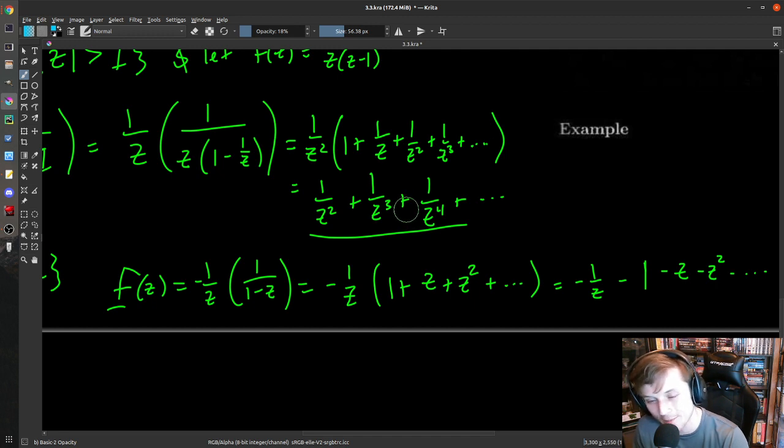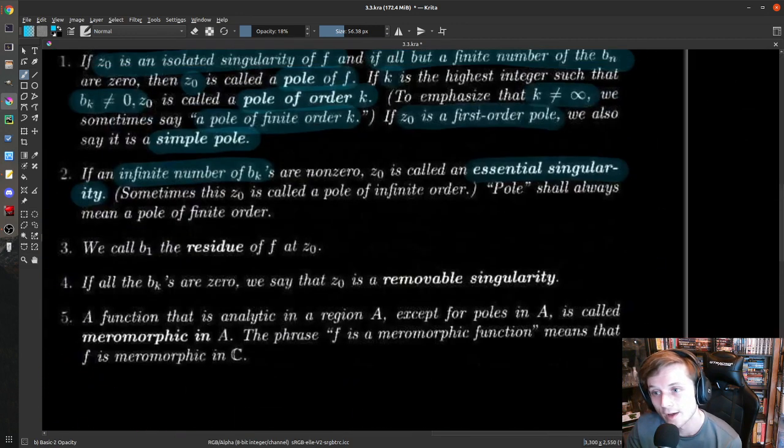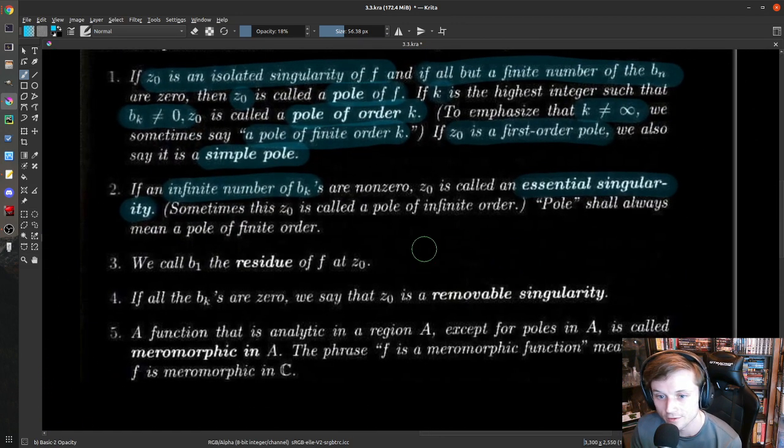But if we expand it that way, notice we get an essential singularity right there, right? Notice you've got these z's in the denominator for all the terms. In fact, all the a's are 0. But all right, so essential singularities.